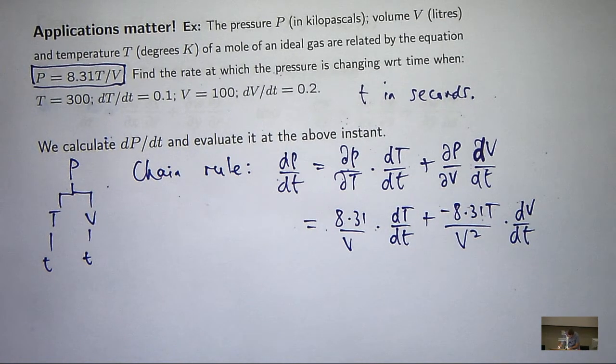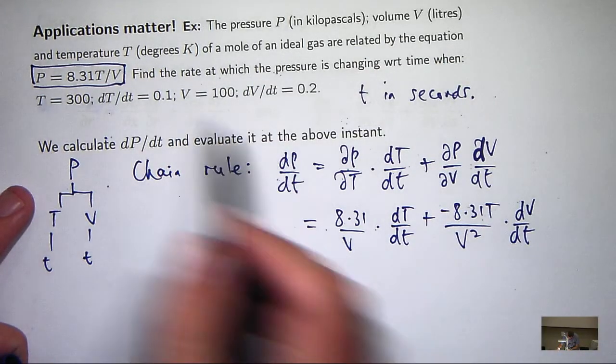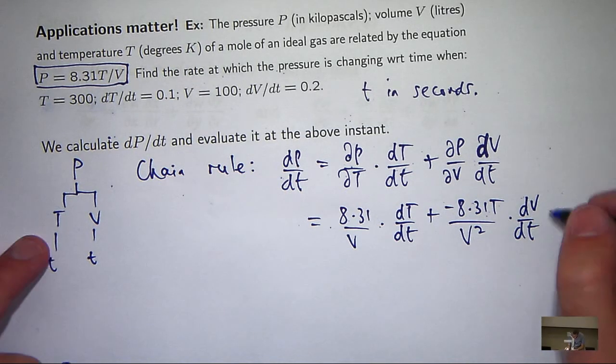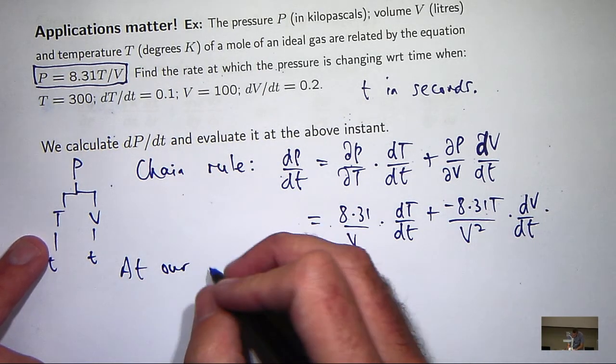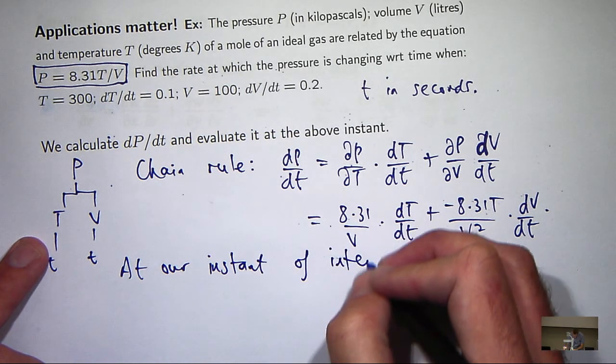But what we're asked to do with this question is to calculate this derivative at a particular instant, a particular point in time. Okay, so what we need to do is just make some substitutions and simplify if we can. So at our instant of interest, we substitute these values into here.